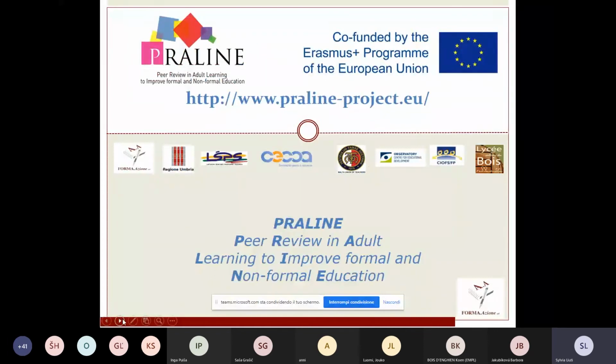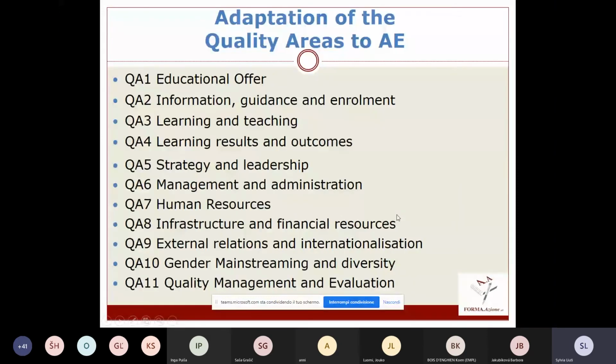And you can find the Praline project on the website. It is still functioning, and you can find all the tools, of course, the adaptation of the manual and the toolbox, and specifically the quality areas, which are different, as you can see, from what I mentioned at the beginning about initial VET, where there were 14 quality areas.